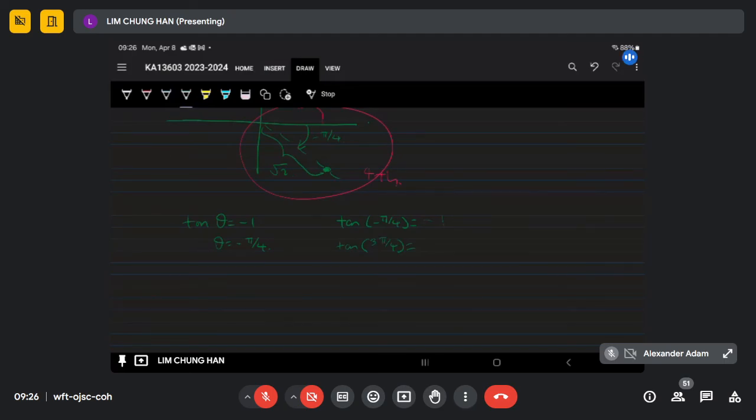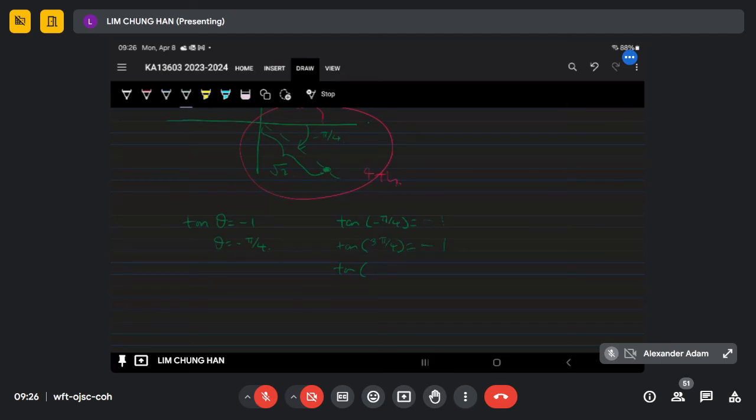Yeah, 135. But tangent 135 is what? Negative 1. Yeah, negative 1 you got. There's a lot more. There's basically a lot of possible answers.